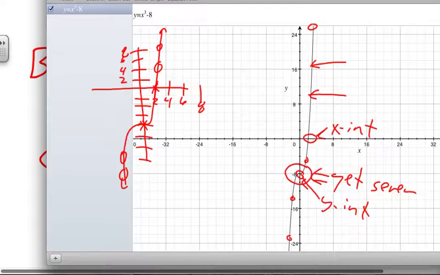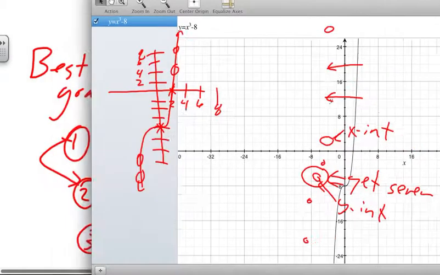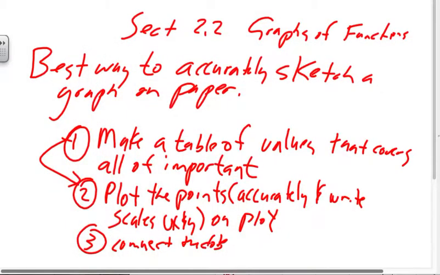Okay, so now let's talk about what we do then if we've got a piecewise function. Remember, piecewise function has got different functions on different parts of the domain. I already talked about this a little bit.